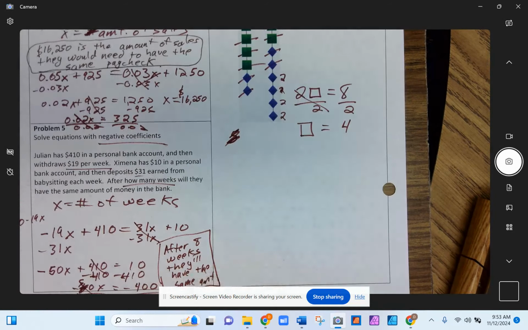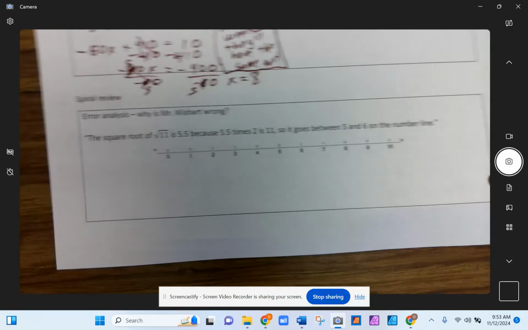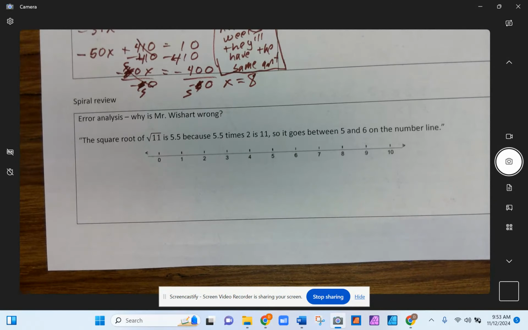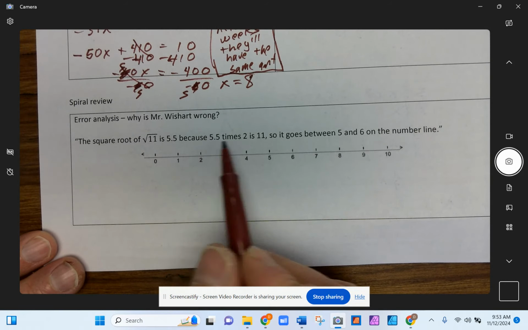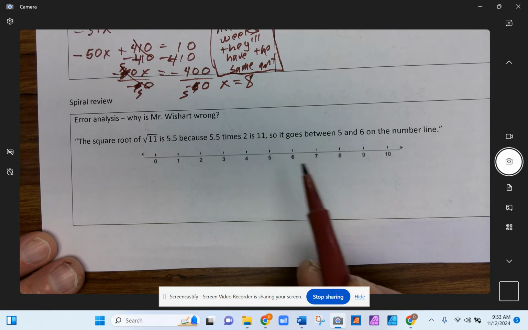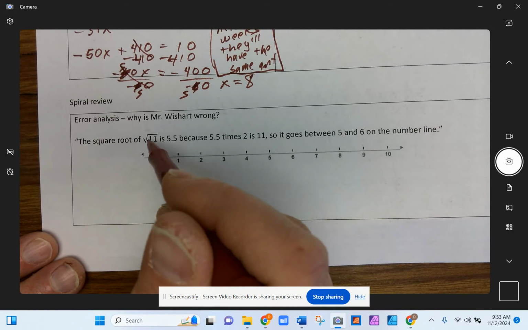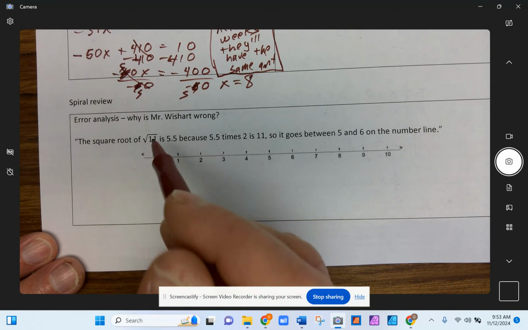Okay. And now, just because you're going to see a similar thing on the test right here. Got some analysis. I'm saying that the square root of 11 is 5.5 because 5.5 times 2 is 11. So it goes between 5 and 6 on the number line. However, we know that's not how we do square roots. We don't divide them by 2. We figure out what number multiplied together gets us to 11.